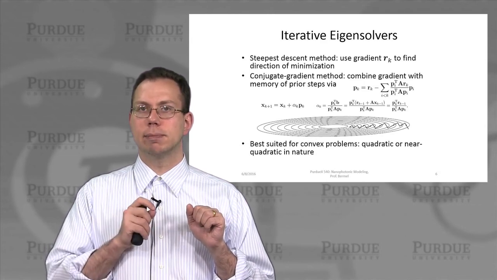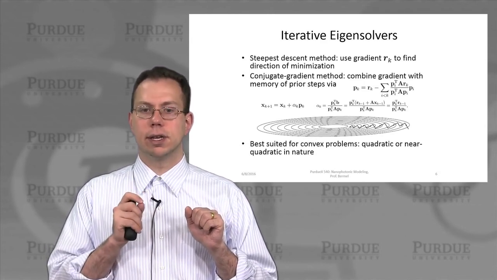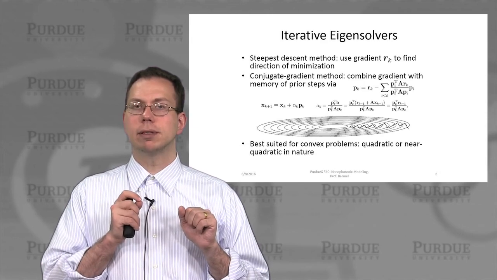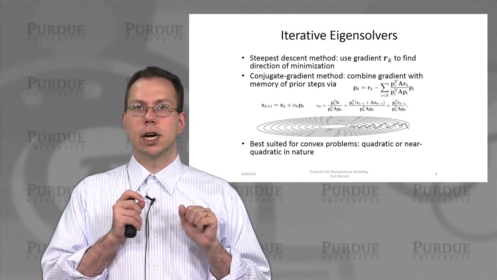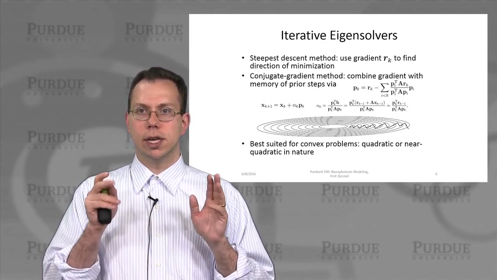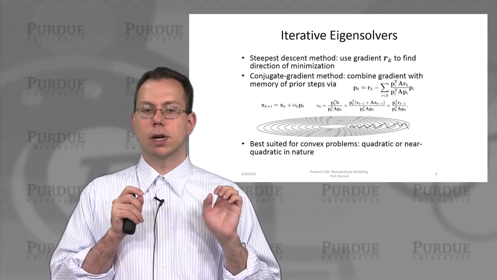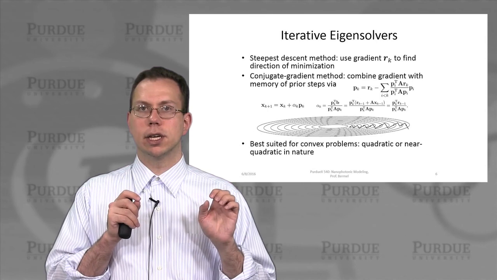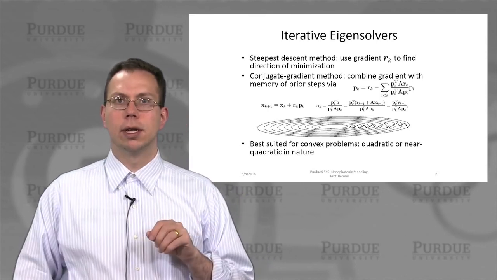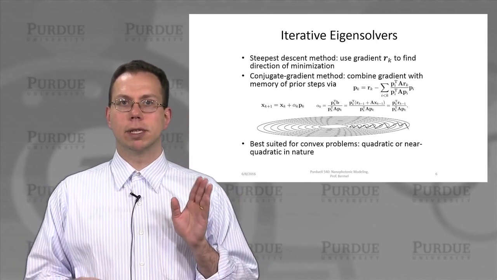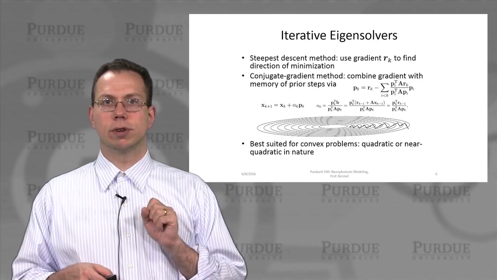You can calibrate the step size very well to the given problem. For some types of problems, which are fairly, quote-unquote, easy to optimize, so-called convex problems, these behave beautifully. In other types of problems, it's a little more challenging. So we'll explore that next time.